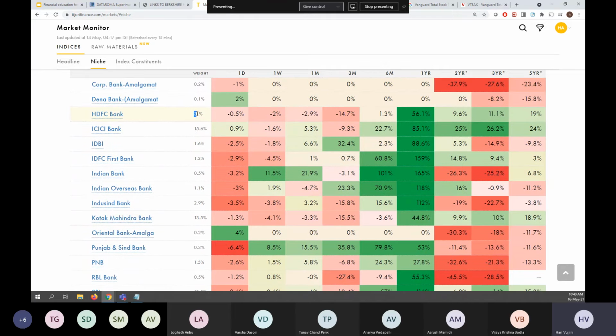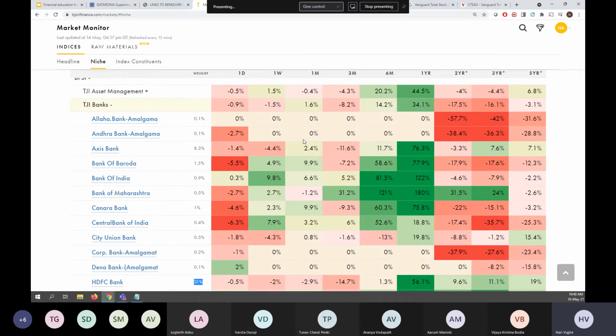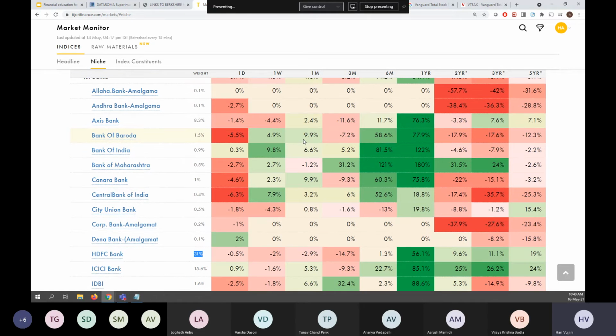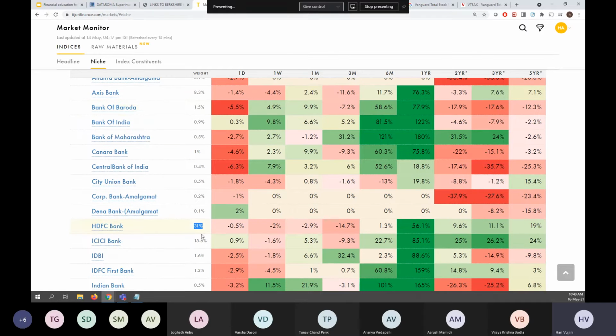HDFC is 31%. That's based on the market cap. This index is done based on the market cap. If you remember, market cap is nothing but the price multiplied by the number of shares outstanding. So as of today, HDFC Bank has 31% of the total Indian banking market cap.